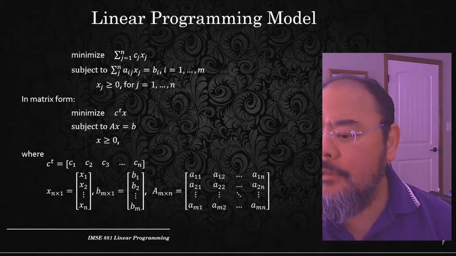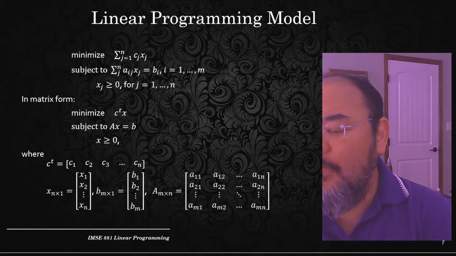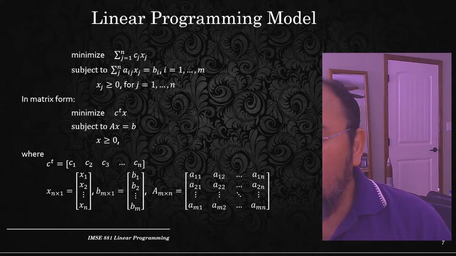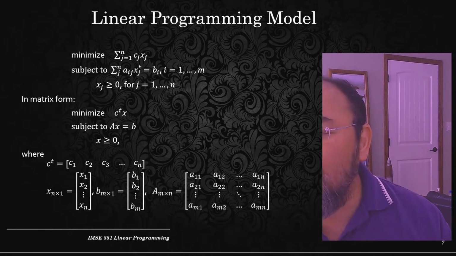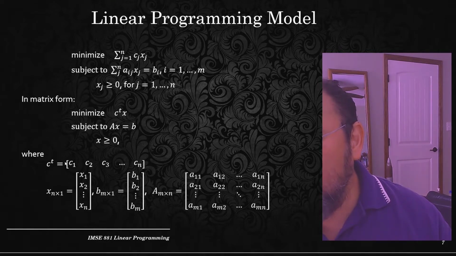We can put this into matrix form, and minimize C transpose times X is the objective function, equivalent to the summation of Cj times Xj up here. And we can represent these m constraints in an m by n matrix as Ax equals b, which is actually a linear system. Of course, the x are non-negative. Here, C transpose is a row vector. We could represent C1, C2 all the way to Cn.